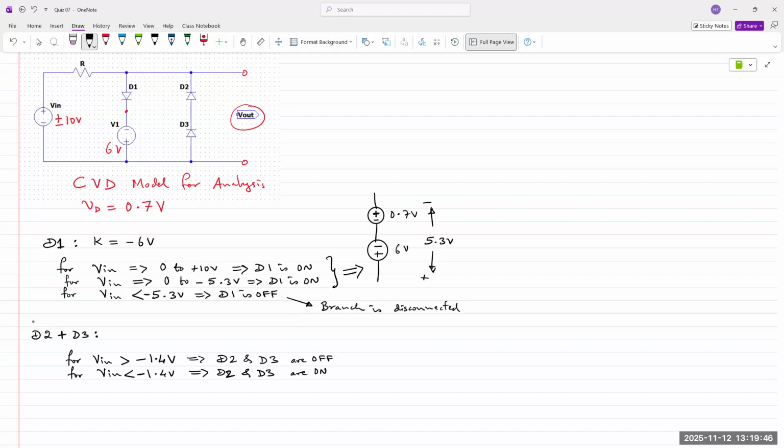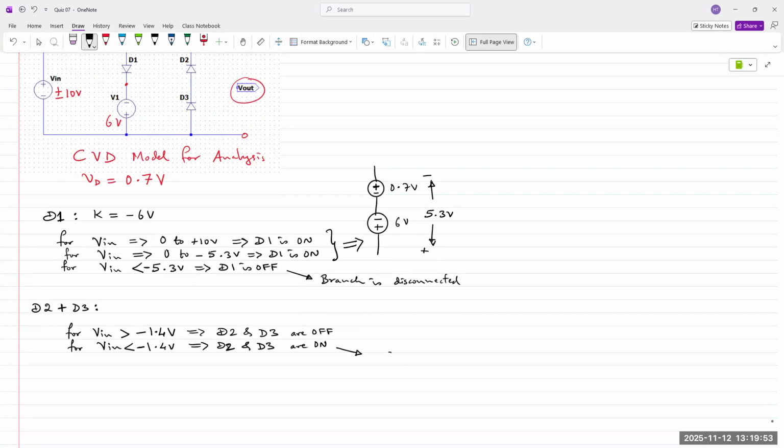If they're on, they look like this. You have minus and plus, minus and plus. So there is a constant voltage drop of 1.4 volts between our output terminals.